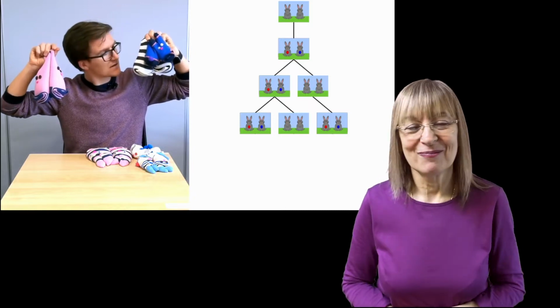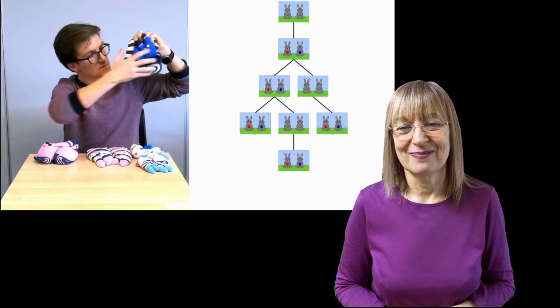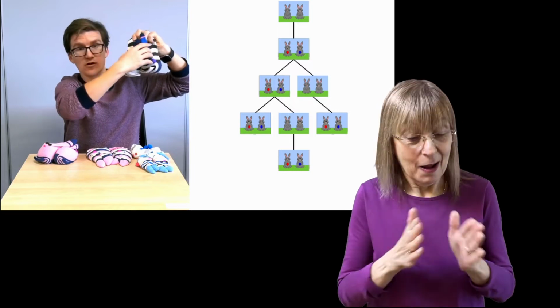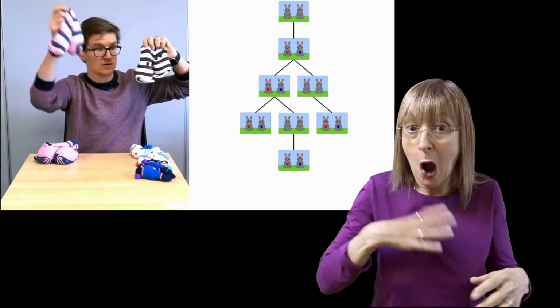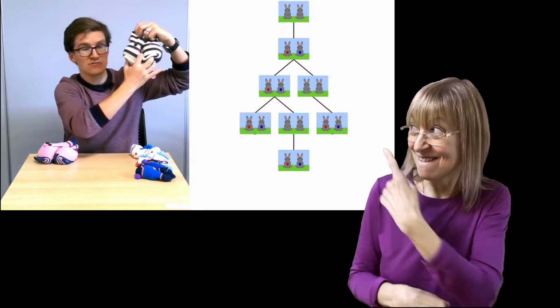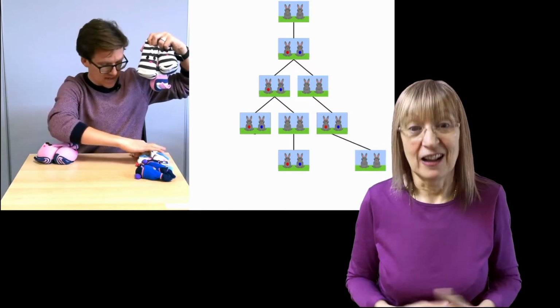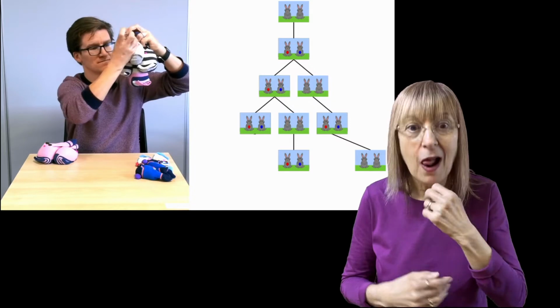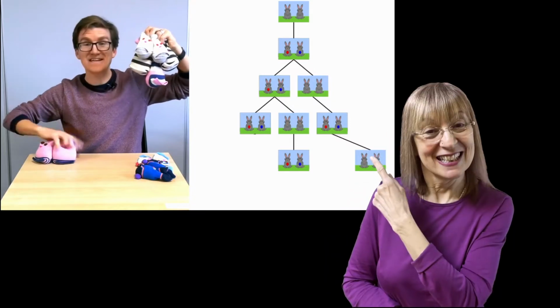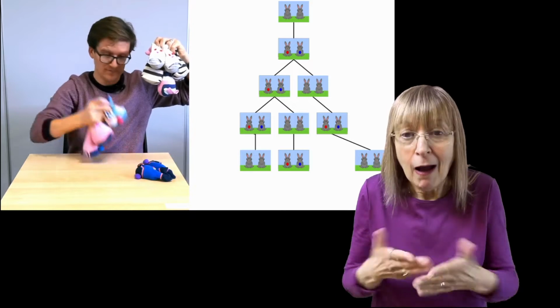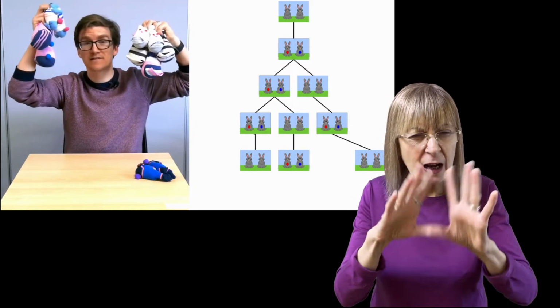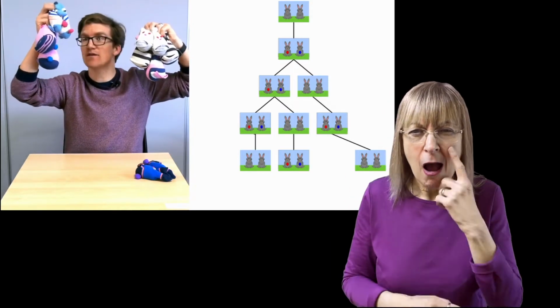Right, what happens next? Well, these babies are going to become grown-ups. Some more grown-ups. These grown-ups were already here, so they have some babies. And these grown-ups were also already here, so they have some babies. So, how many pairs do we have now?